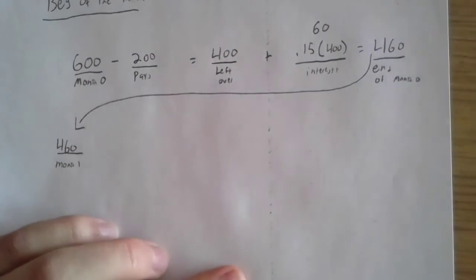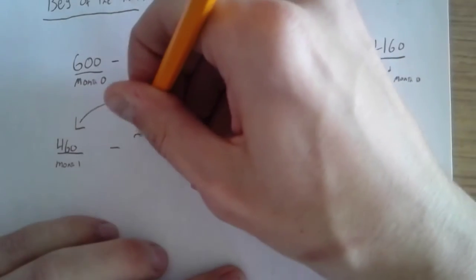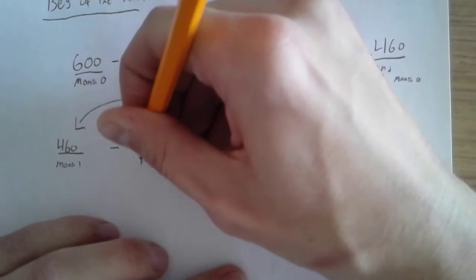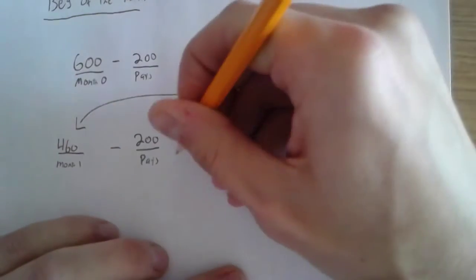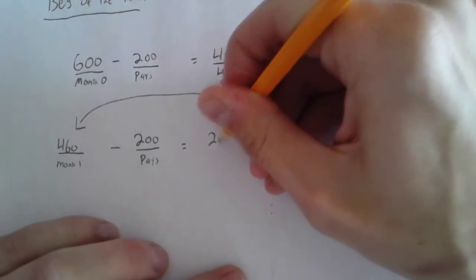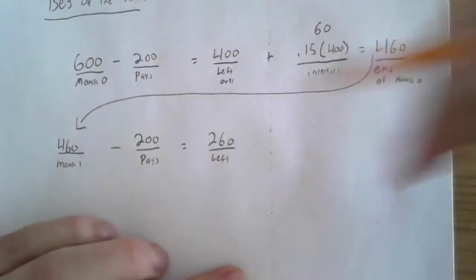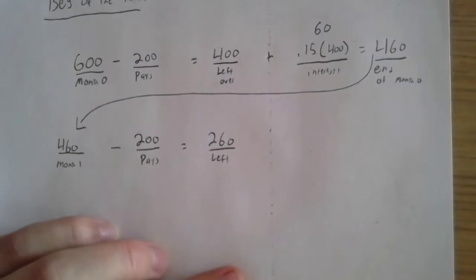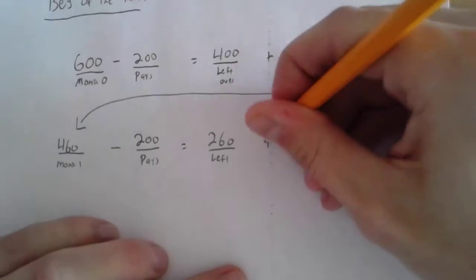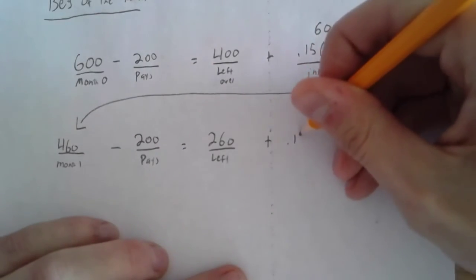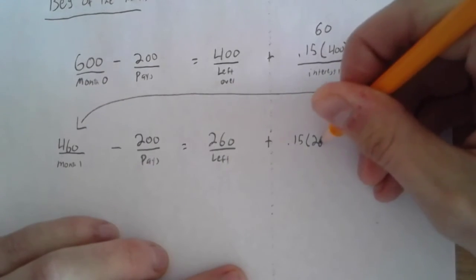So what is happening? We go through the same process. Roger's paying off $200 during the course of the month, and that is going to leave us with what his debt will be at the end of that month. So $260 left. What happens to that $260? It accrues 15% more interest.